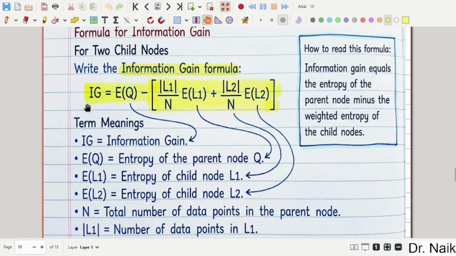So the information gain equals the entropy of the parent node minus this whole term, which is called the weighted entropy of the child nodes.